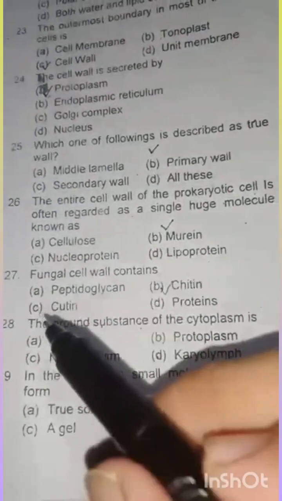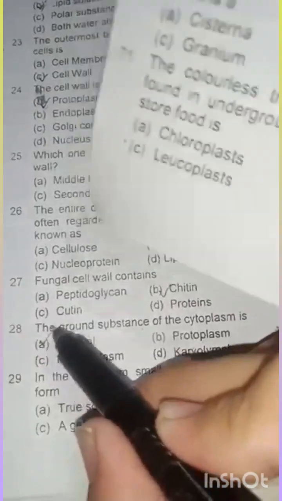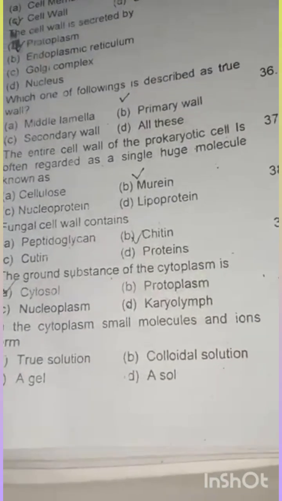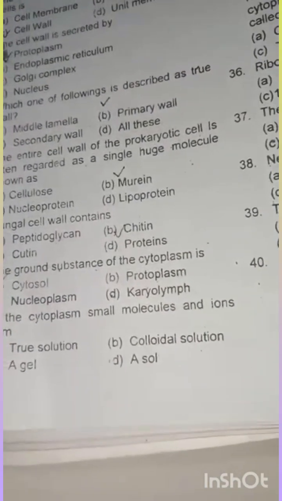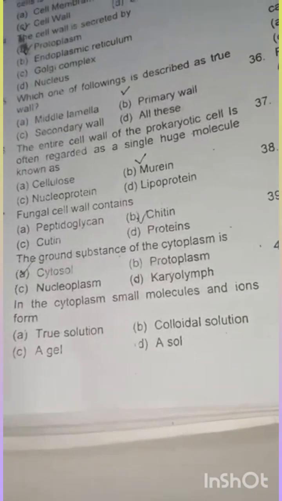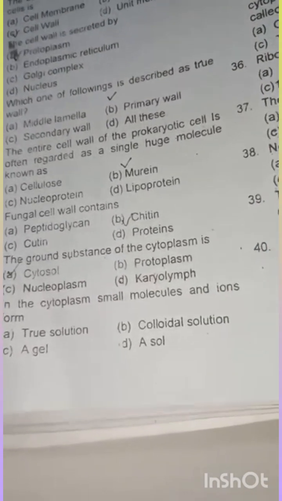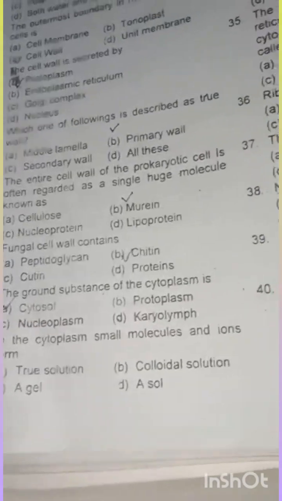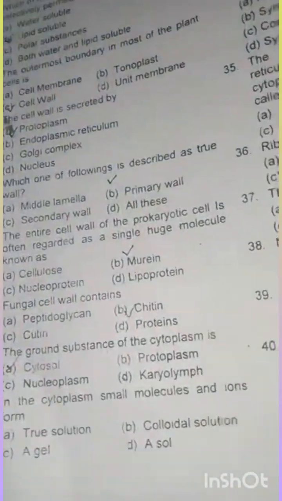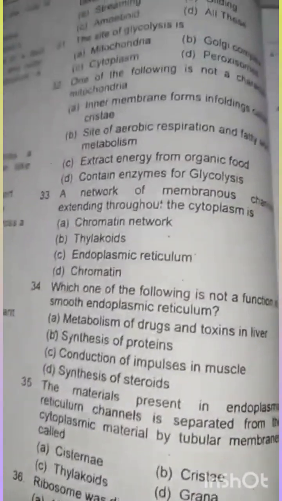The ground substance of cytoplasm is called cytosol. In cytoplasm, small molecules and ions form: a true solution, a colloidal solution, a gel, a sol. So small molecules form a true solution. So option A is correct here.